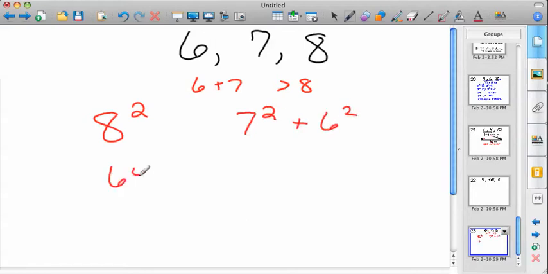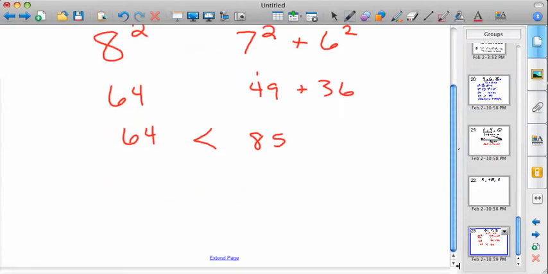So 64, 49, 36. Add these two together: 85. 64 is less than 85. So we know, therefore, this is an acute triangle.